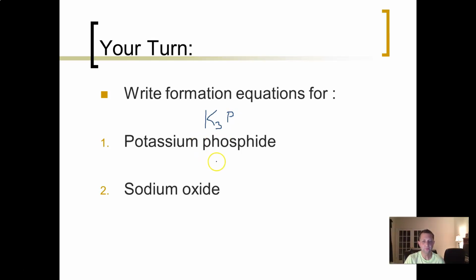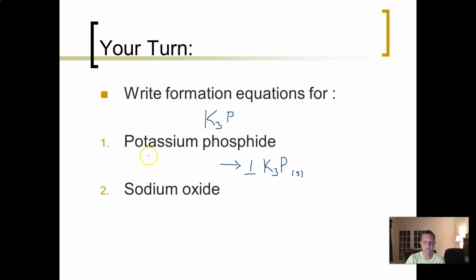So we want to make that. So let's do this. I'll put my coefficient of 1 already in here. I'm going to put my product. Okay, so I want to form this. Ionic compounds are always solids. It's one of their properties. I want to form this from the elements in their natural state at room temperature.